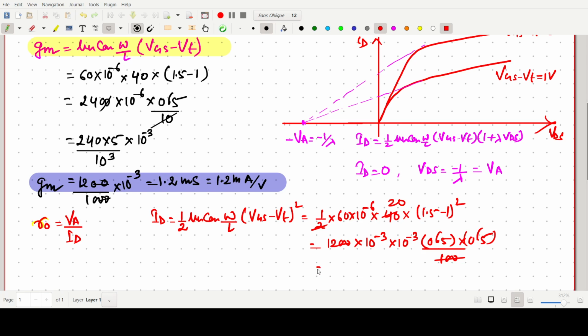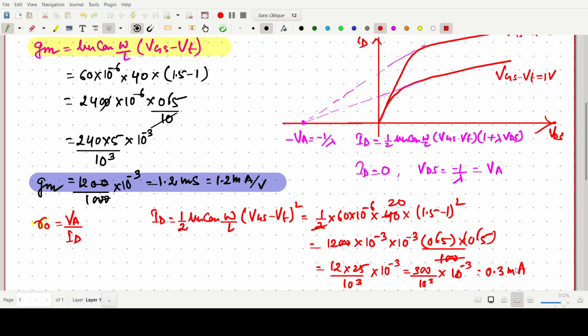Then 12 into 25 by 10 to the power 3, 10 to the power minus 3. So it should be 12 into 25, 300. 300 divided by 10 to the power 3 into 10 to the power minus 3, means 0.3 milliampere.